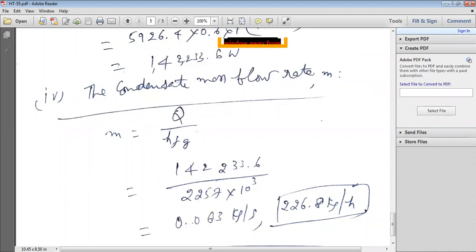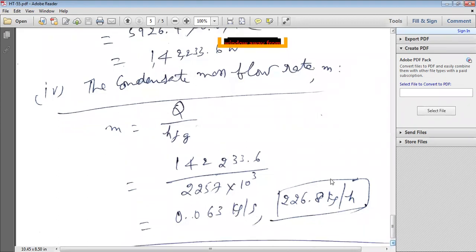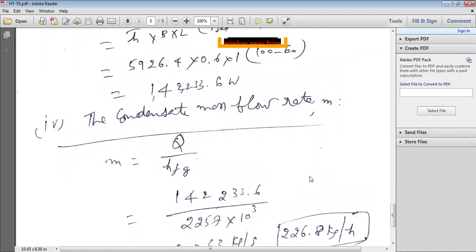You convert into kg per hour: you multiply by 3600, 0.063 into 3600, then you get 226.8 kg per hour. Like that, these are some of the problems we have discussed under condensation heat transfer.